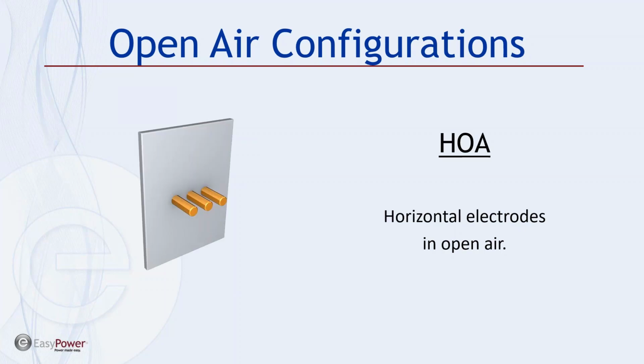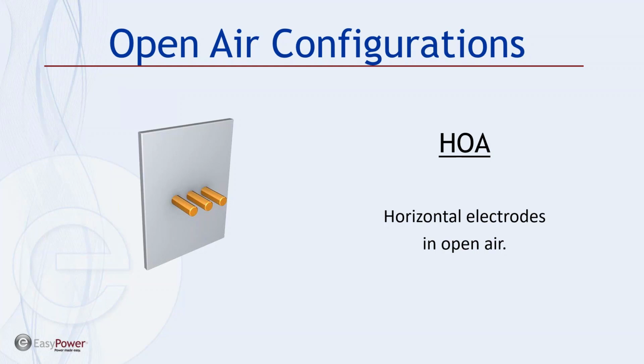On the other hand, if we're talking about open air configuration for horizontal electrodes, the assumption is the operator is more in the proximity of the end of the bus terminations or the electrode terminations, and so consequently the radiation is directed more up at the technician or the electrician themselves.